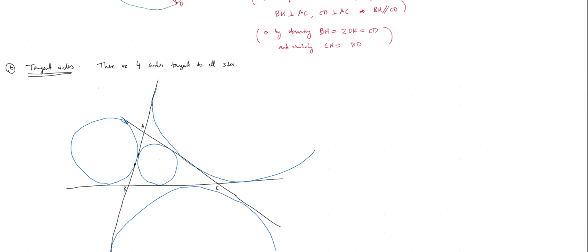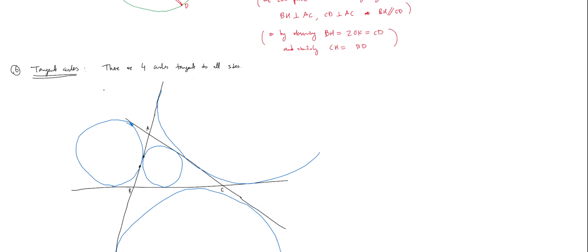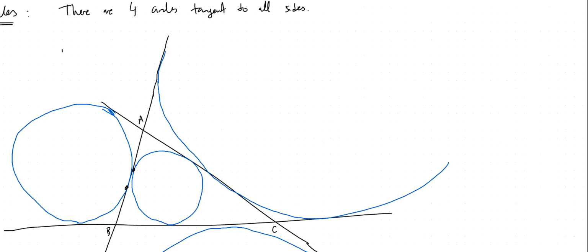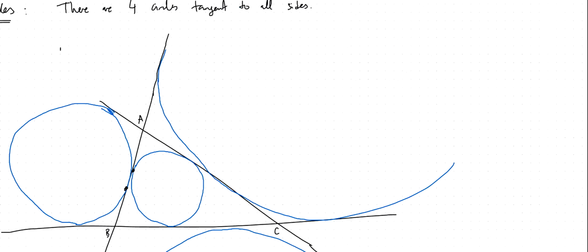To prove this, let's locate the centers. When you have a circle and two tangents to it coming from some vertex, the two tangents are symmetric with respect to the diameter of the circle going through the point of intersection, right?